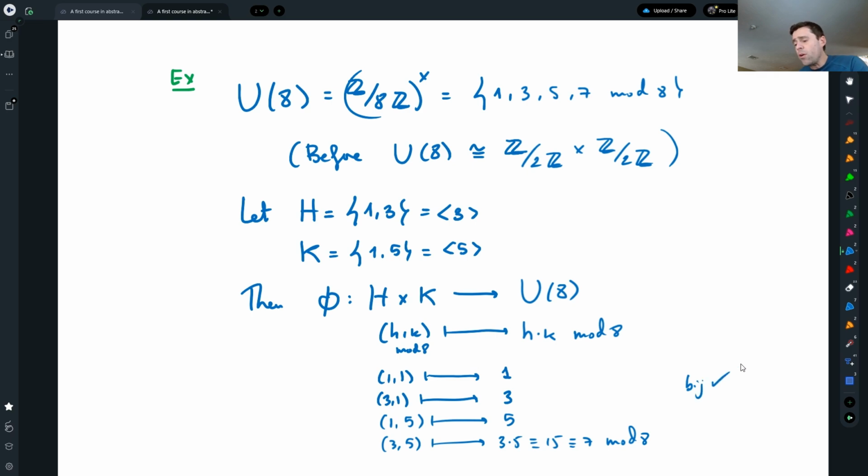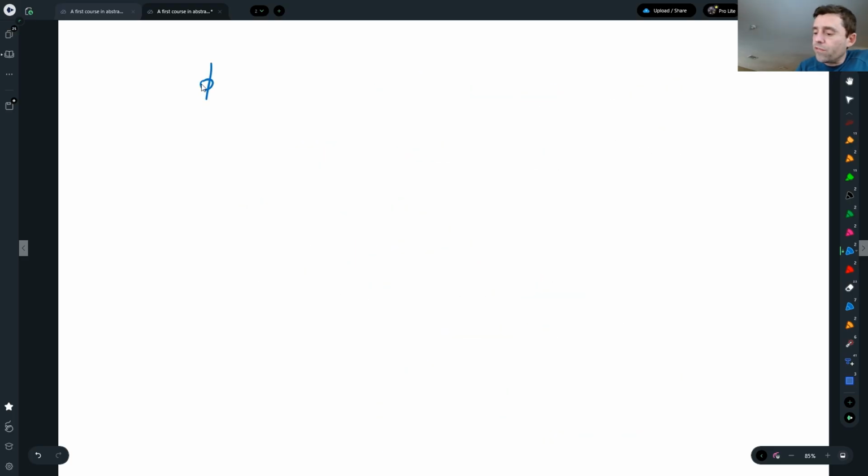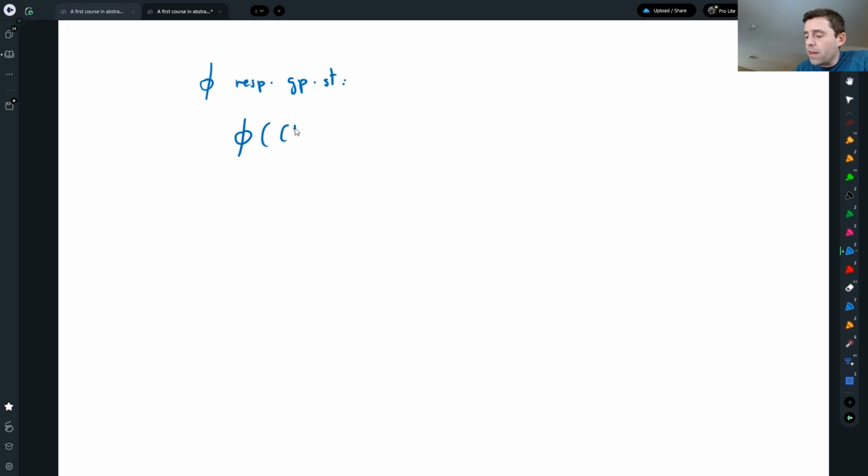Great. Now, does this respect the group structure? Is it really an isomorphism? So let me prove that phi respects group structure. So let's see, how much is phi of a pair (h, k) times another pair (h', k')?